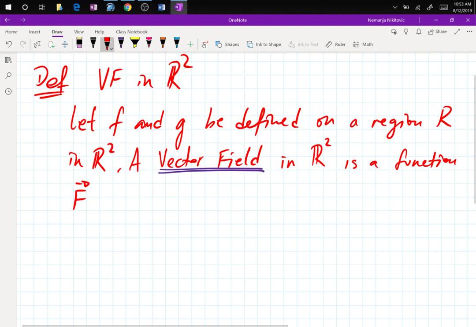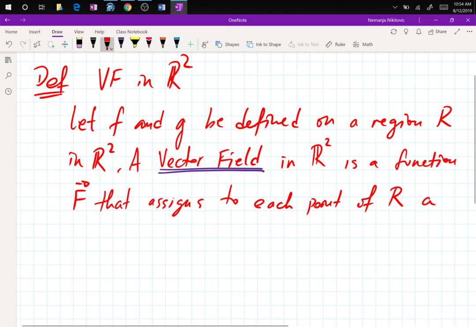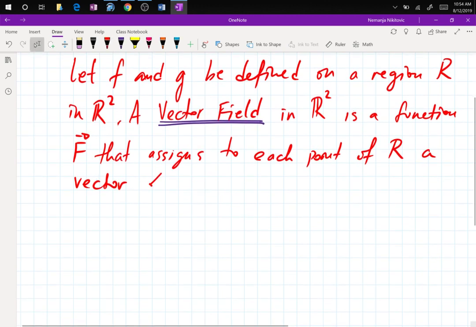So, a vector field is a function that assigns to each point of R a vector, and this is where those functions come in. So now we have f of xy and g of xy.